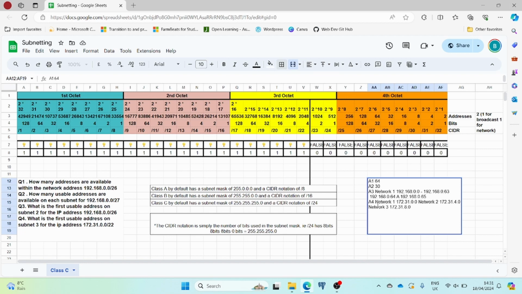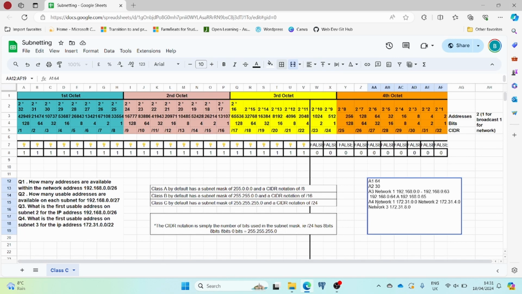The range is going in between that. So the last usable address on network 2 would be 172.31.7.255.